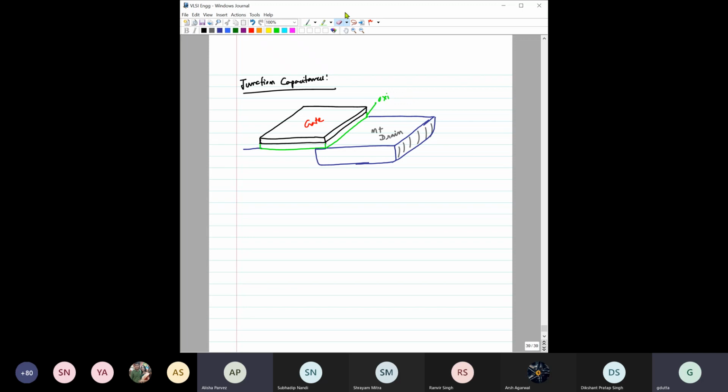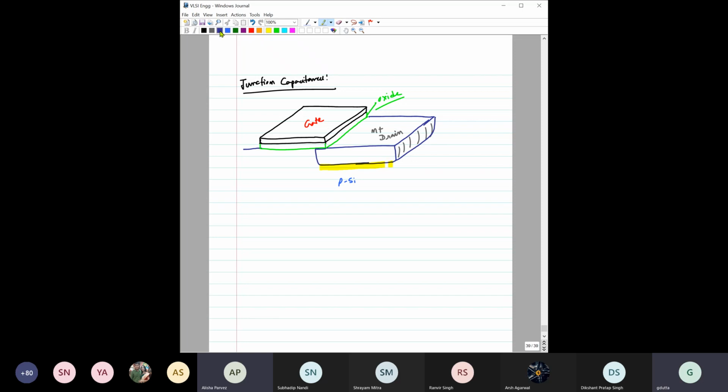Oxide is only one E, not double E. This is oxide and this is N plus drain. Below that, you always know that it is this P, not P plus, it is this P silicon region. So then obviously there will be one junction between this P and N.